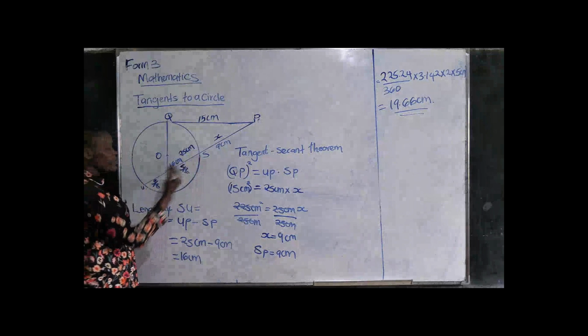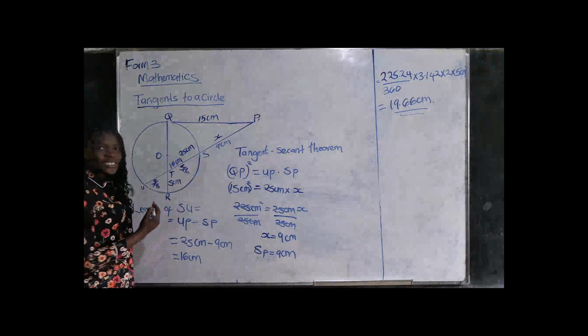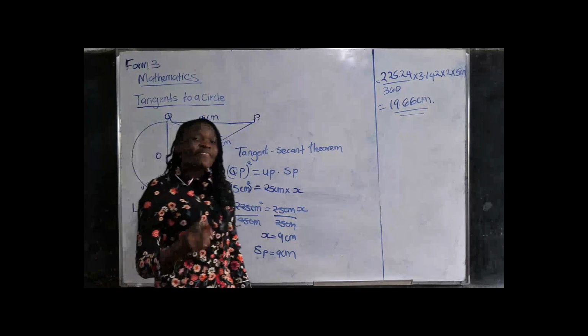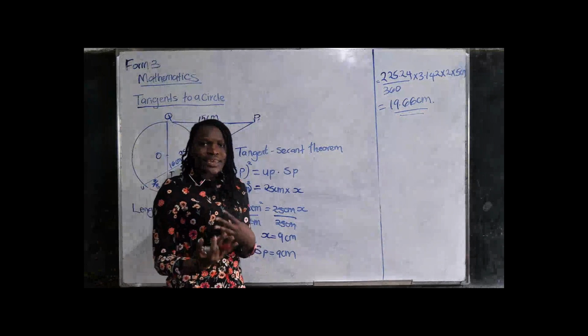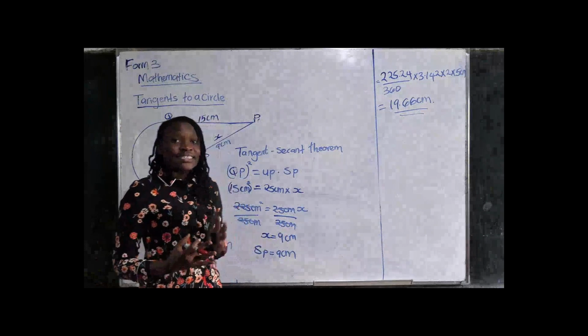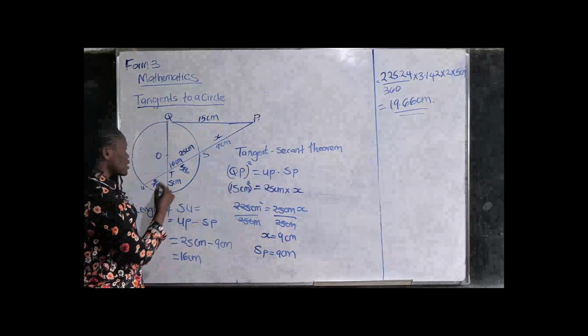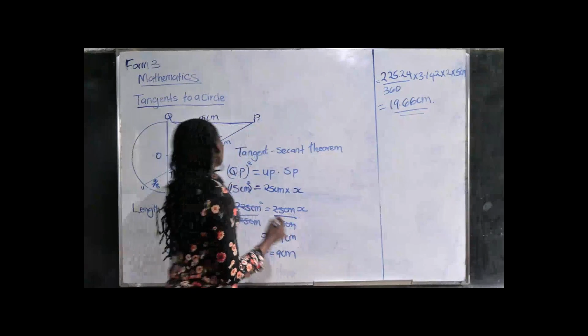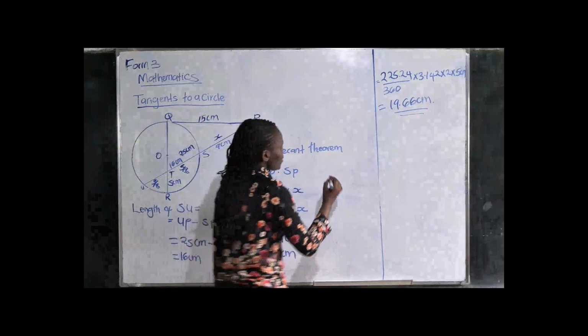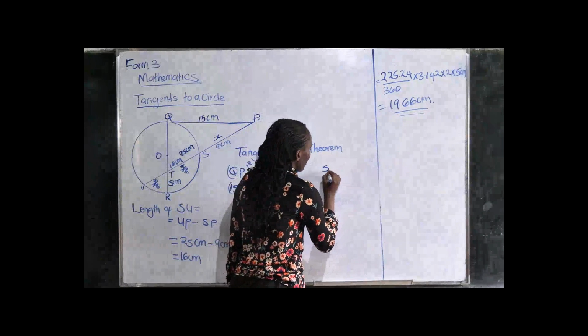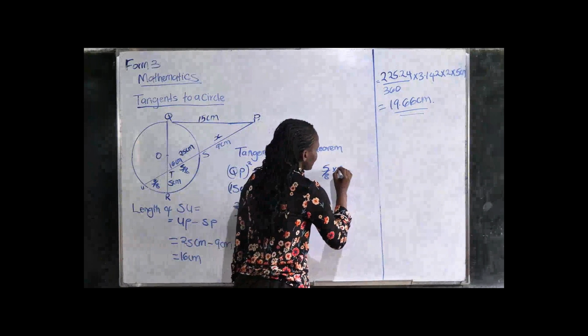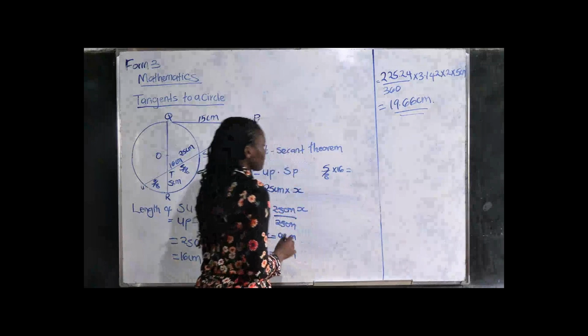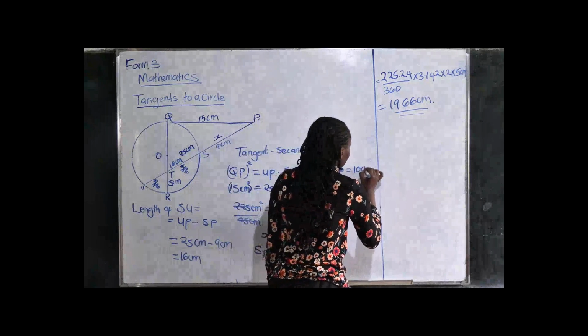We know the distance from this point to this point, meaning using the ratios, we can now get the exact length. Let's do that. I will now say 5 out of 8 times 16, that will give me 10 centimeter.